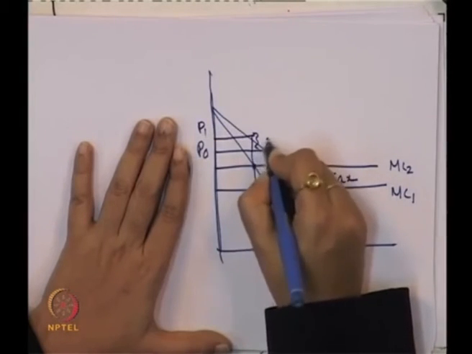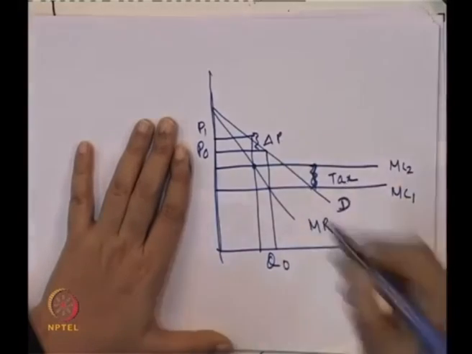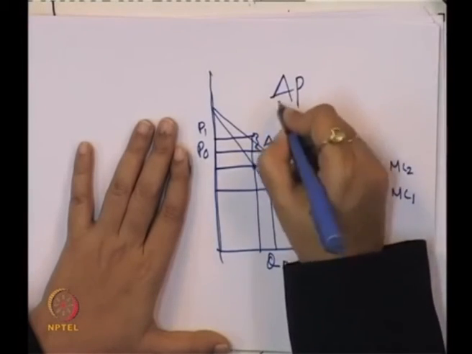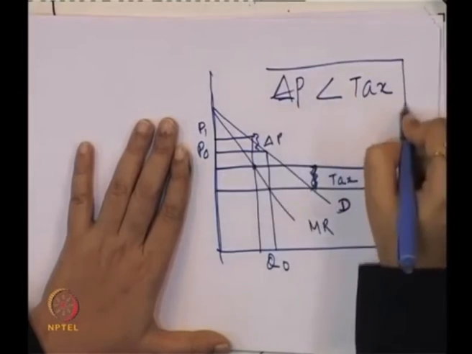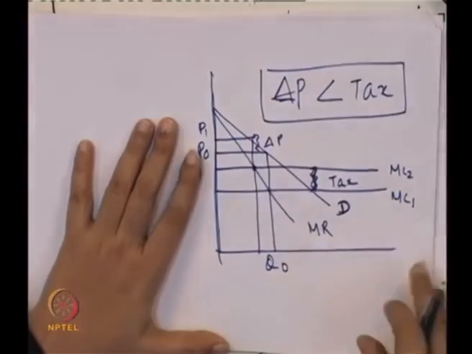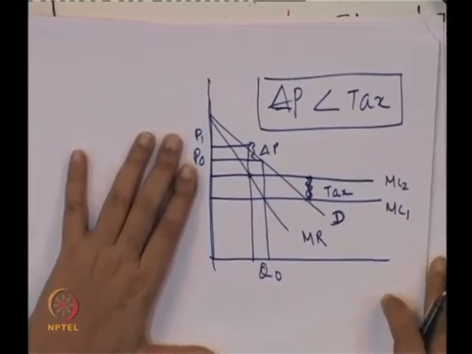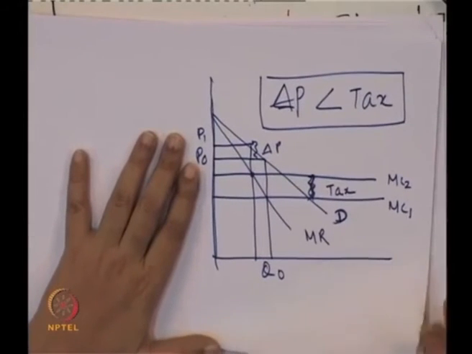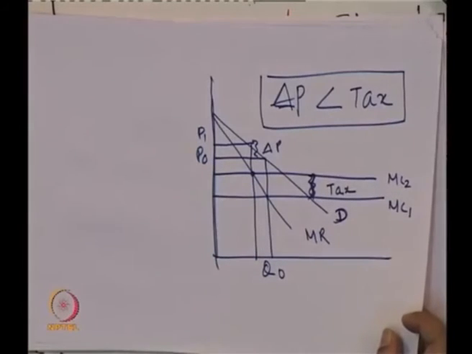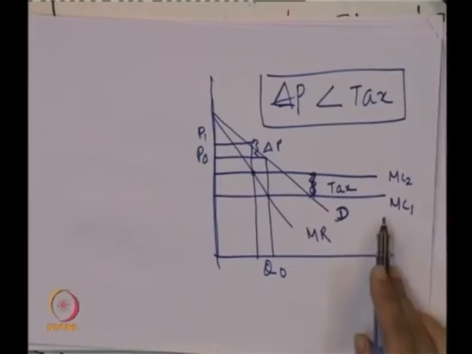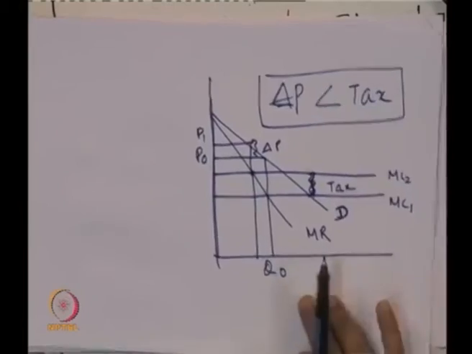So this is the change in the price, this is the change in the tax, and still the change in the price is less than the tax amount, which implies that part of it is always paid by the monopolist, whatever may be the shape of the marginal cost curve, whether it is horizontal or upward sloping.